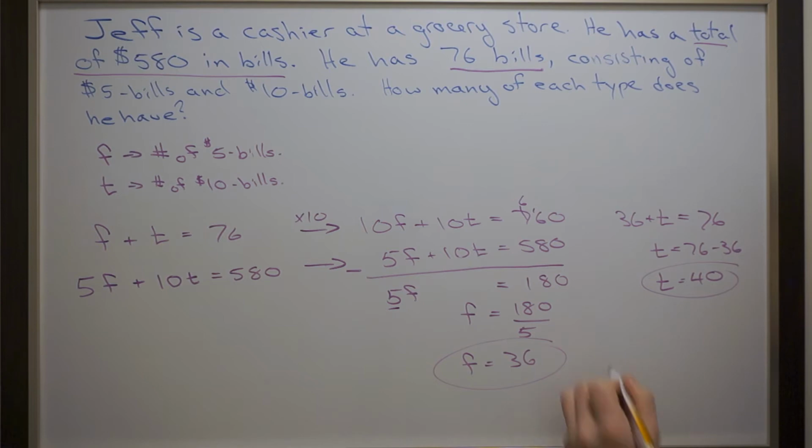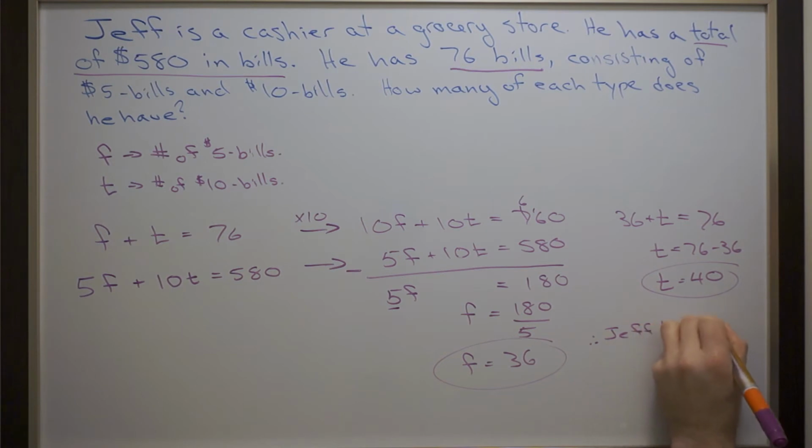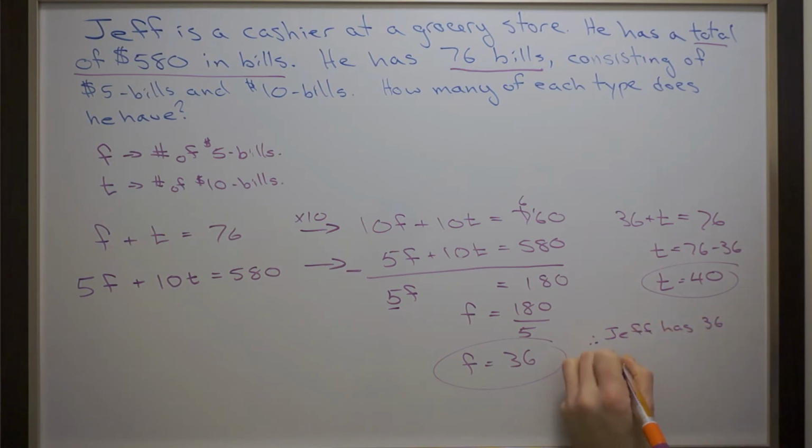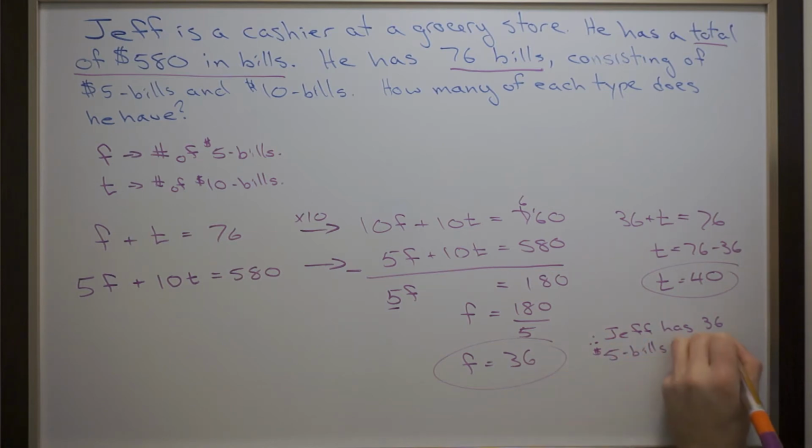And we can write a little statement. Therefore, Jeff has 36 $5 bills and 40 $10 bills.